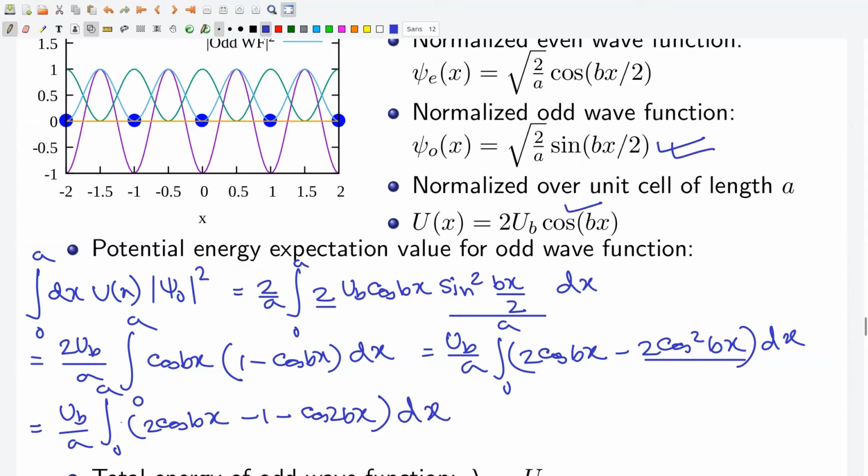And then if we integrate from 0 to a, this term and this term is going to vanish, and the potential energy expectation value for the odd wave function turns out to be minus ub.